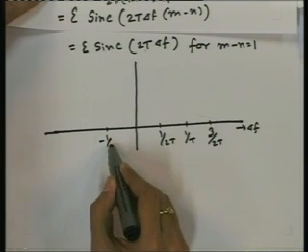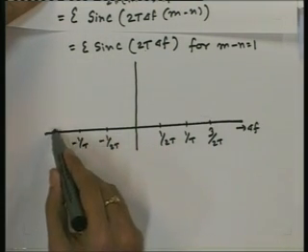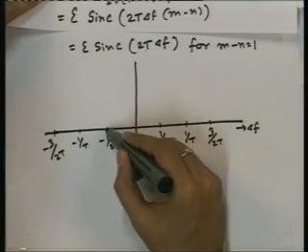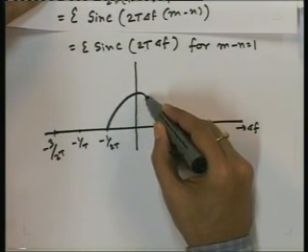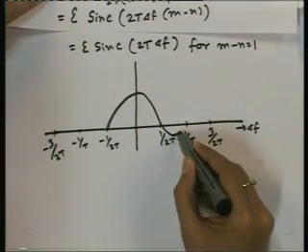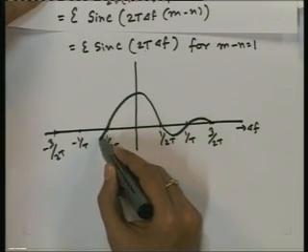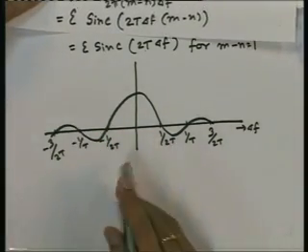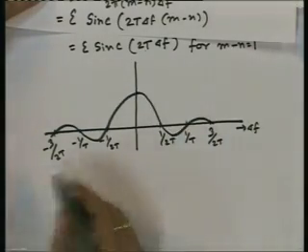So minus 1 by 2T, minus 1 by T, minus 3 by 2T. So we will have the sinc function. This is symmetric. The way I have drawn it doesn't look symmetric, but it is actually symmetric.